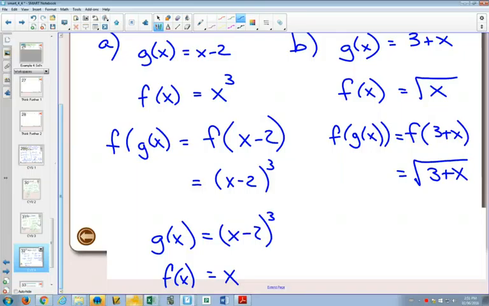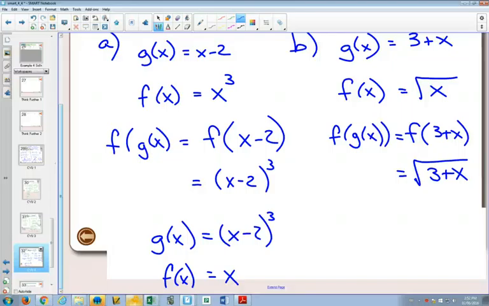Right? That's what f of x equals x does. It's a function that says whatever you put in, keep it the same. So if you put in an x minus 2 cubed in, what would come out? An x minus 2 cubed. So that would be the cheating, easy way to do composition of functions.